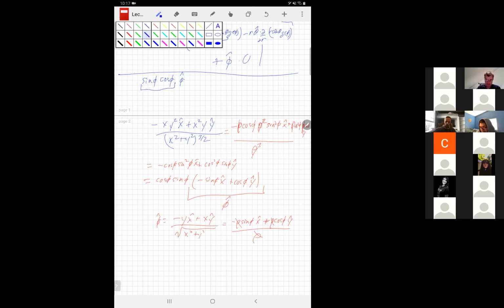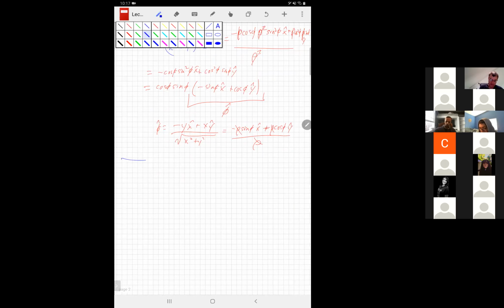Then let's pick up where we left off last lecture. Last lecture, I had finished by saying that the integral of the gradient of some scalar function dotted with dr from point A to point B is equal to f at point B minus f at point A. Because the gradient dotted with dr, this whole thing here, is just delta f.